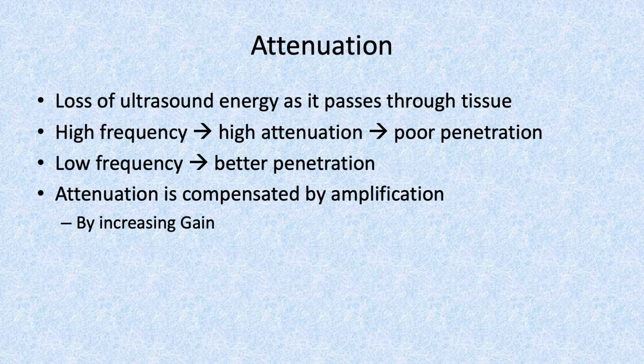So in conclusion, if you use a high frequency probe, you get very poor penetration. When you want to scan deeper structures, you cannot use a high frequency probe, because the wave dies off and the image becomes not clear.